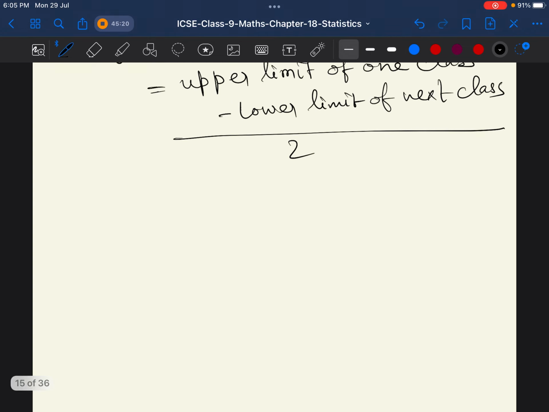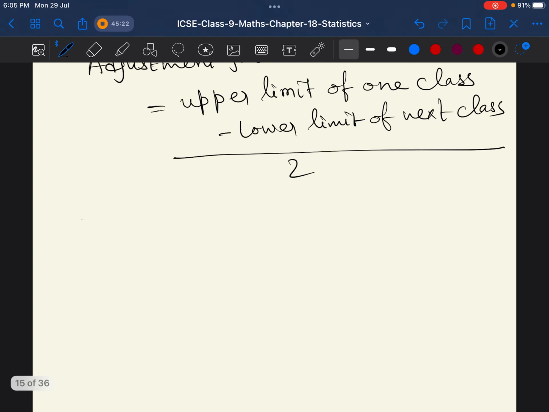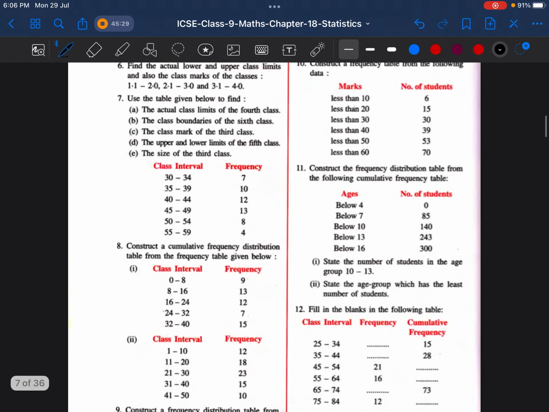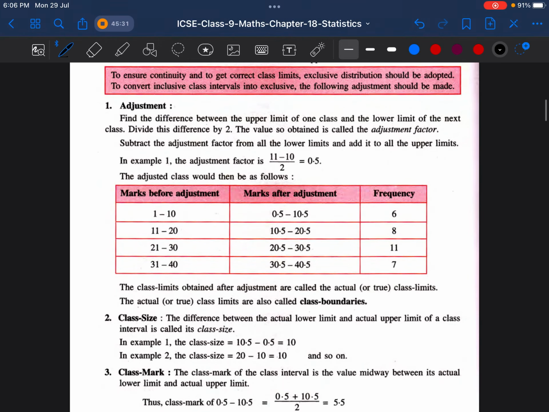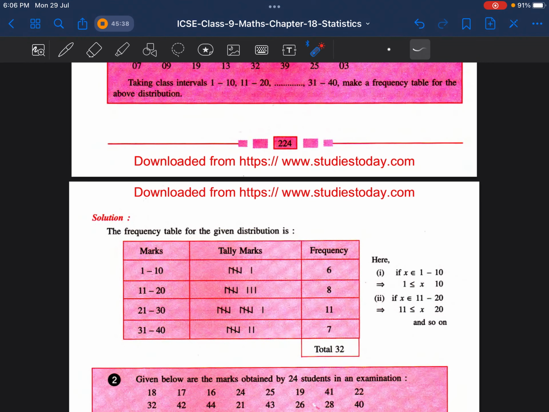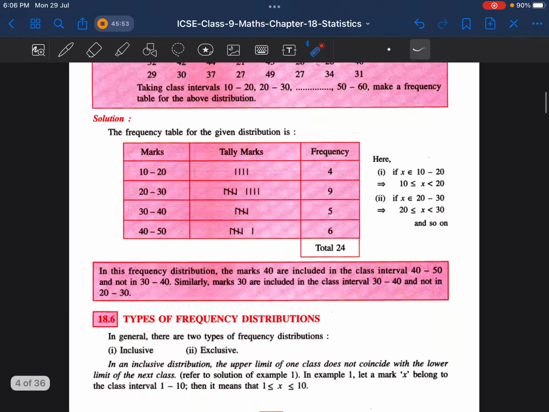So here you see in example 1, in an inclusive distribution table, the class interval 1 to 10. Here the upper class limit is 10, and in the next class the lower class limit is 11.